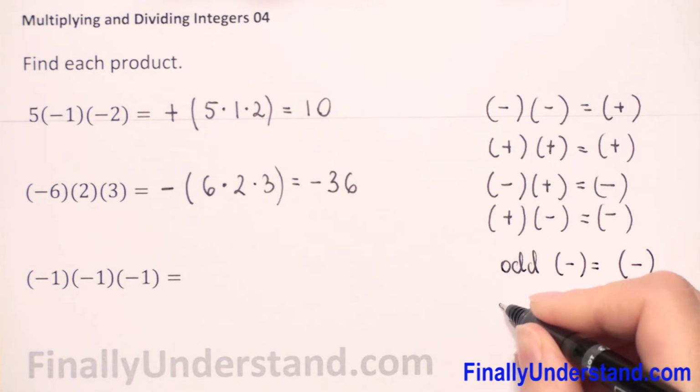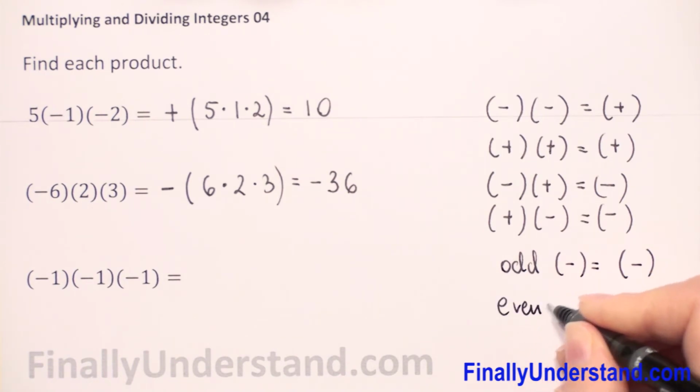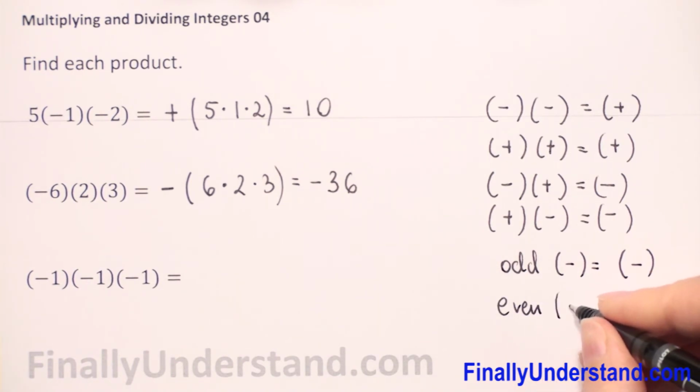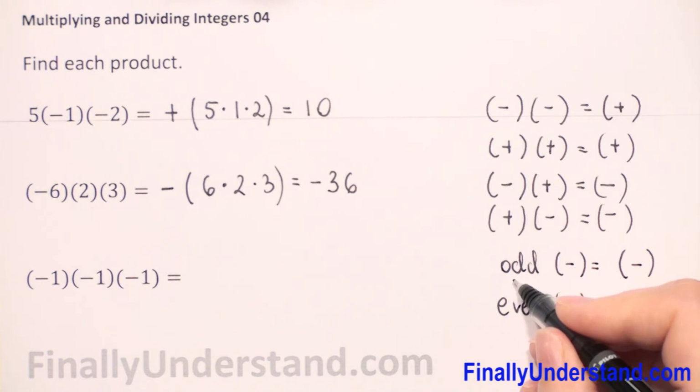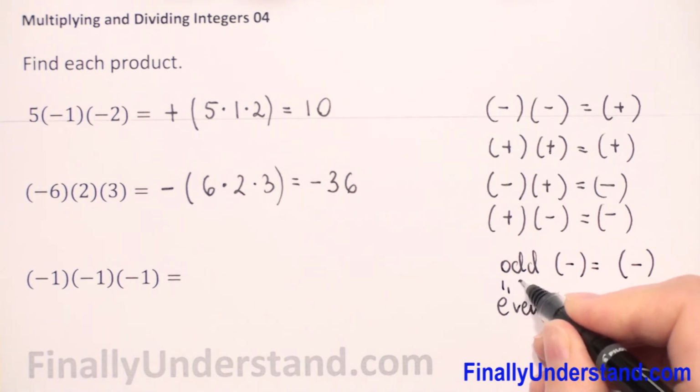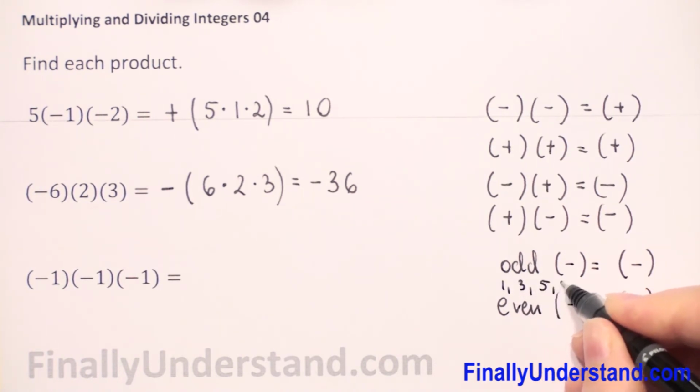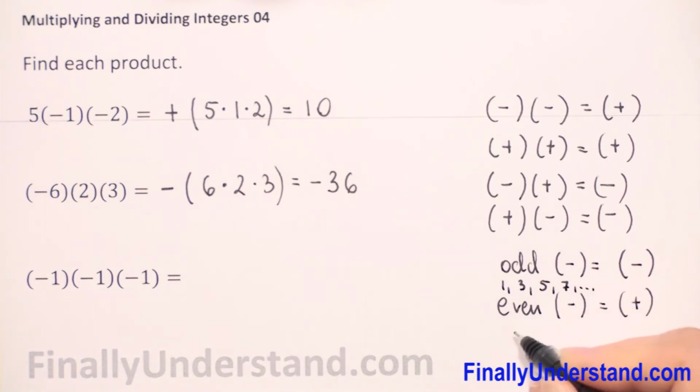When we have an even number of negative signs, the answer is always positive. Let me remind you, odd numbers means 1, 3, 5, 7, and so on. Even numbers are 2, 4, 6, 8, and so on.